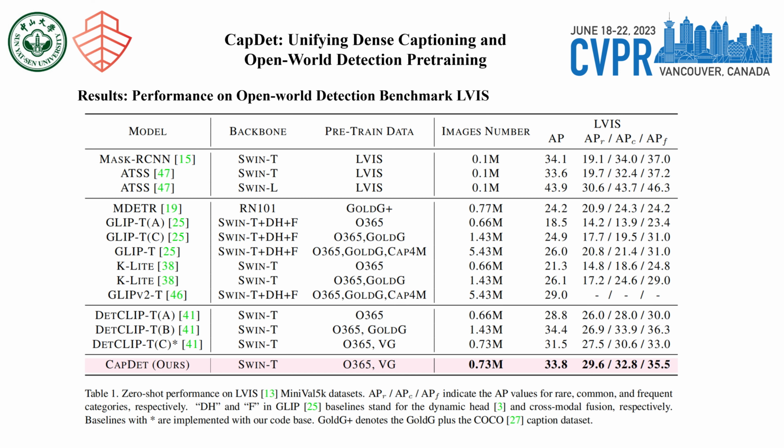Since GLIP does not report the performance on Objects365 and Visual Genome, we train GLIP on the two datasets under the same settings and denote it as GLIP-TC here. Comparing the 11th row and 12th row, our CapDet outperforms GLIP-TC on the same data scale and backbone with an extra simple caption head.